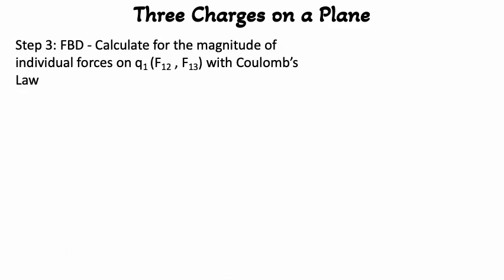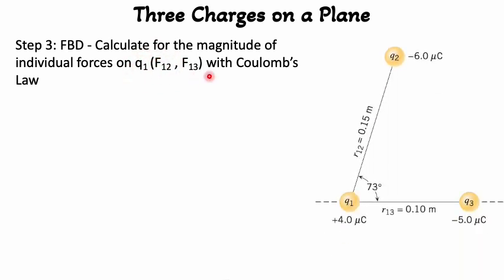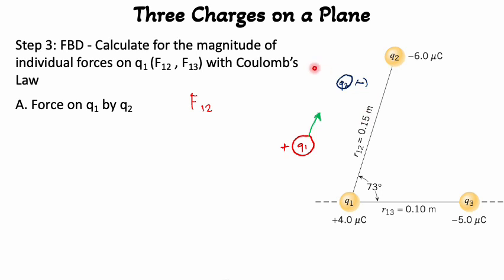Now, we are going to calculate the magnitude of the individual forces on Q1. Again, F12 and F13 with Coulomb's law. Let's begin with F12. Let's go back to the illustration. This is our illustration, and this is the F12 that we are looking for, the force on Q1 by charge 2.